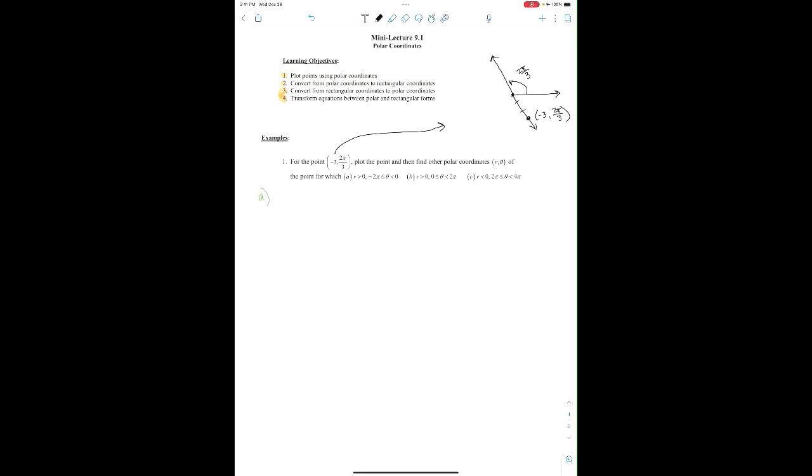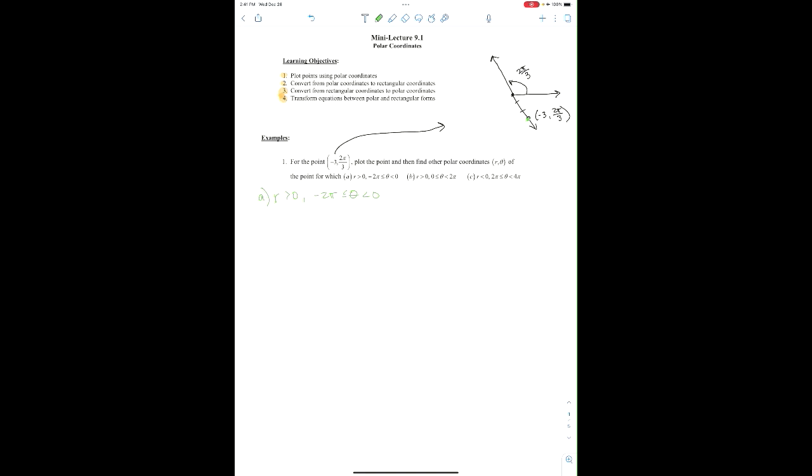We need to meet these conditions: r is greater than 0, and theta is between -2 pi and 0. So this is the first one. Our point here is not, first of all, a positive r. And second of all, our theta needs to open between -2 pi and 0.